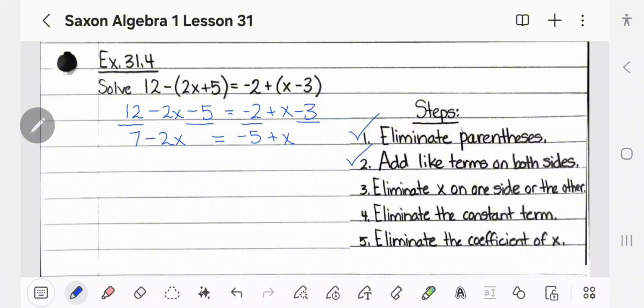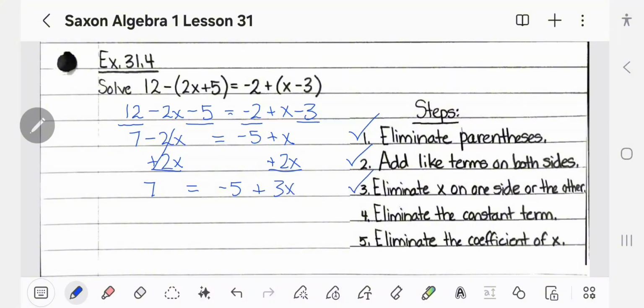Now we're going to eliminate the x on one side or the other. We can add 2x to both sides or subtract x from both sides. You know what I'm going to do. And I get 7 is equal to -5 plus, this is 1x plus 2x, so that's 3x.